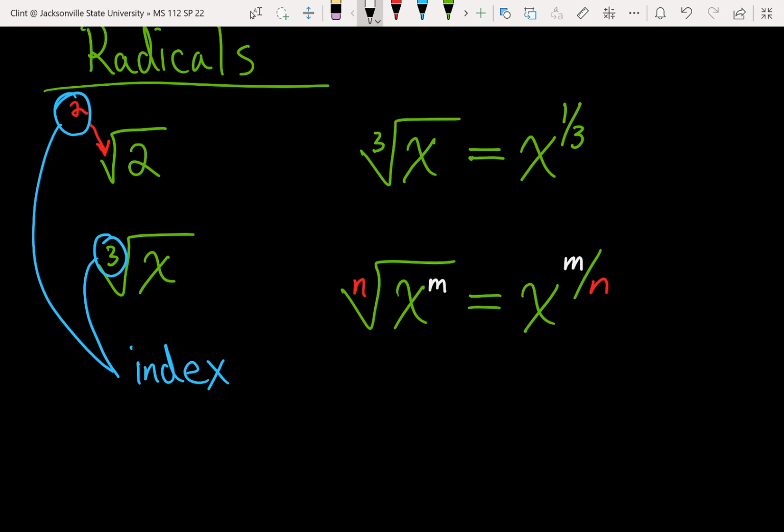The same thing was true on the first one, because what was the exponent on the x? 1, yeah. That was a 1. That with a 1 on top.